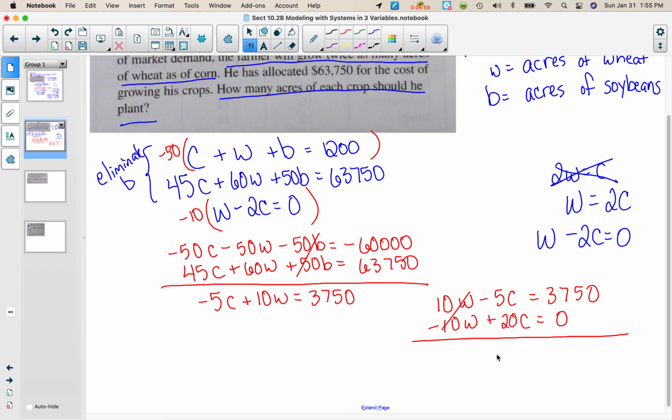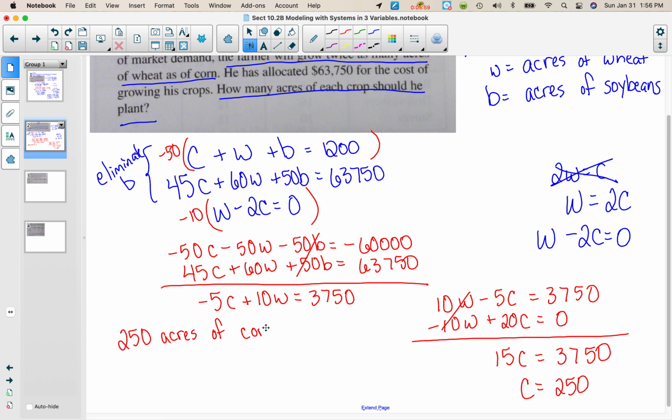So we get 15C equals 3,750. And if we divide that by 15, we get C equals 250.